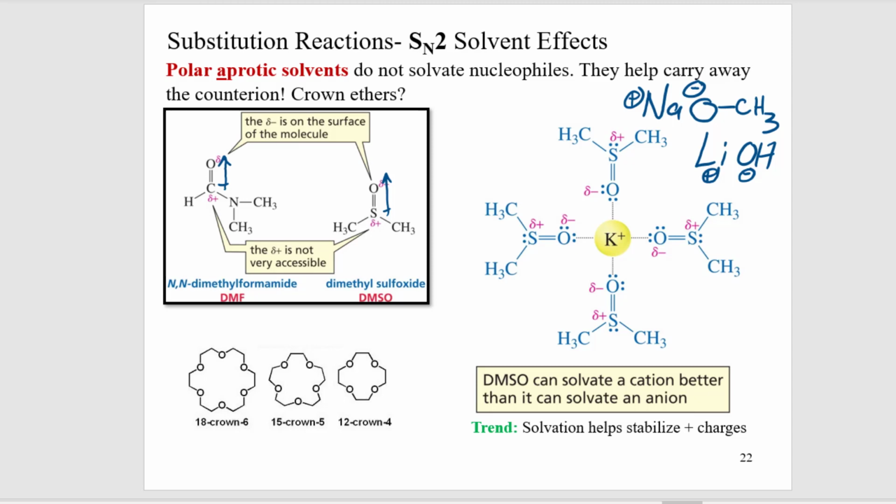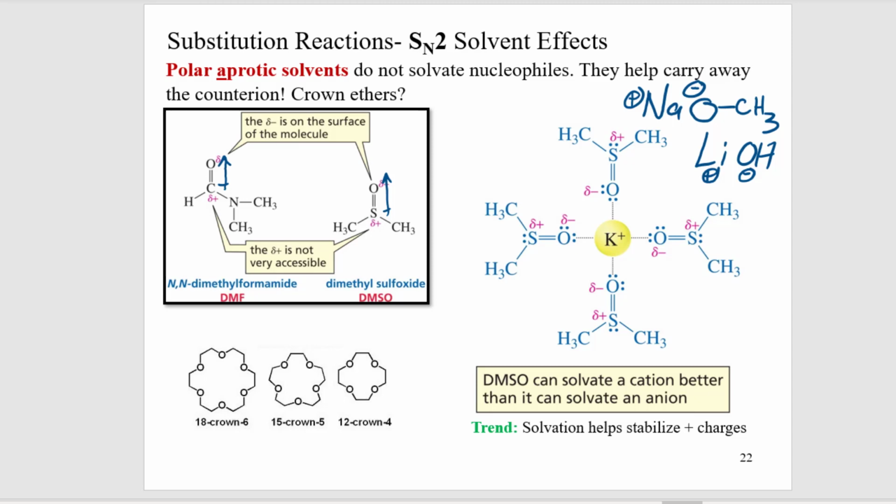So typically what we see is that positive charges have good effects with solvents. They're helpful. You can see this in biology a lot. When you think about sodium pumps and potassium pumps and transfers across cell membranes, these are carried by molecules. And we often can see this type of carrying through with something similar to this.